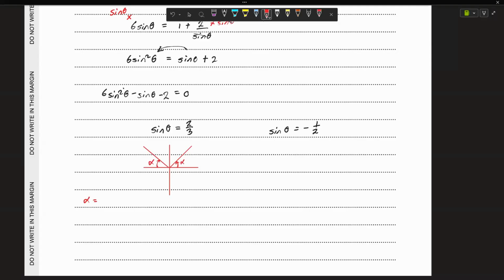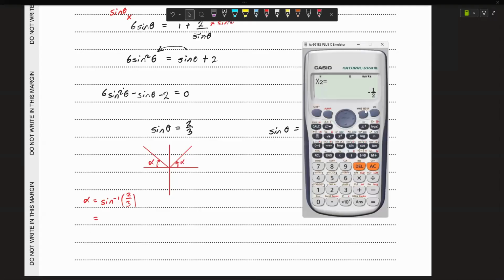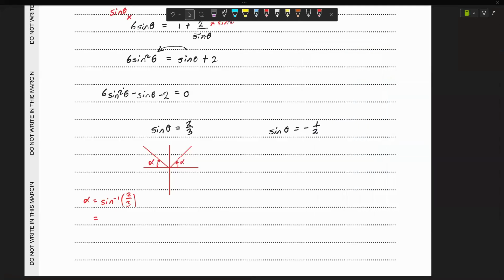Alpha in this particular case is arcsine of 2/3. Shift sine of 2/3, just make sure you're in degrees. This is 41.8 degrees.